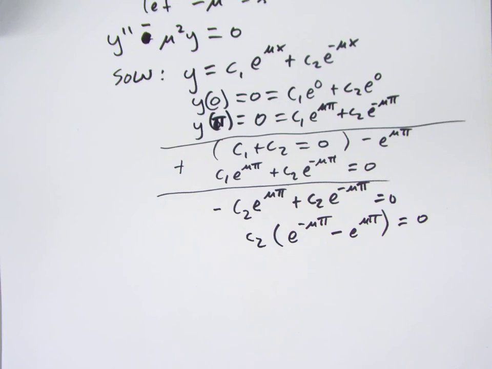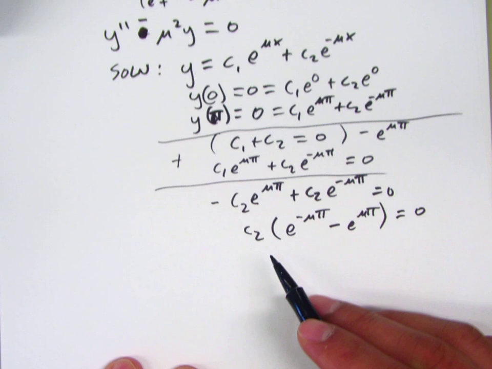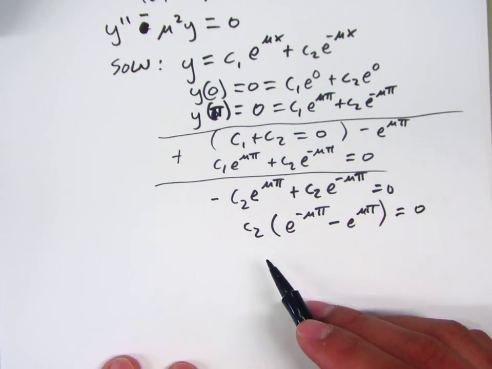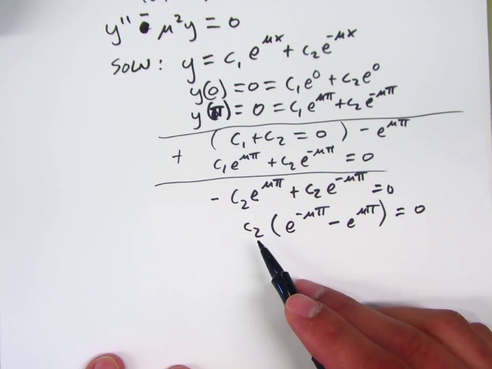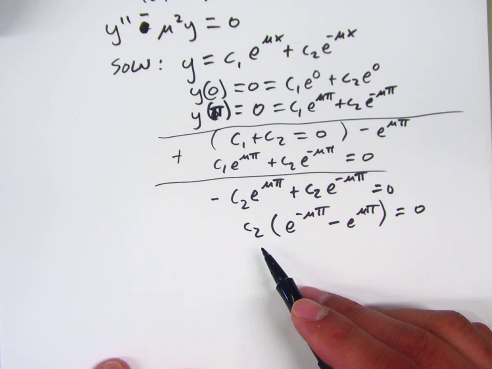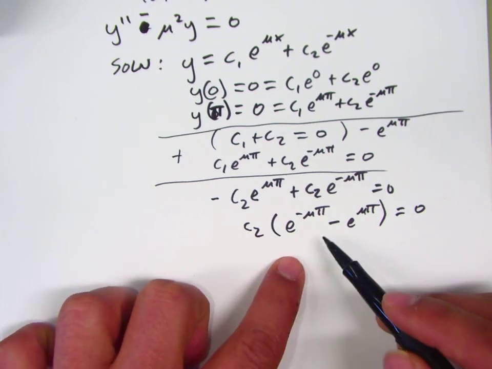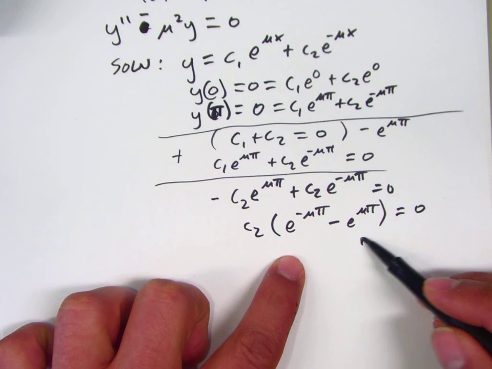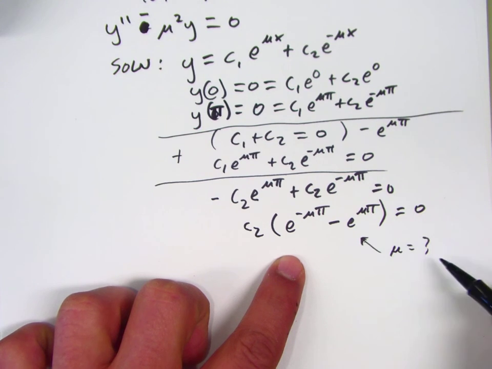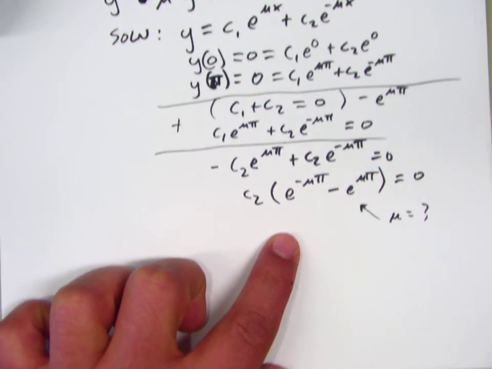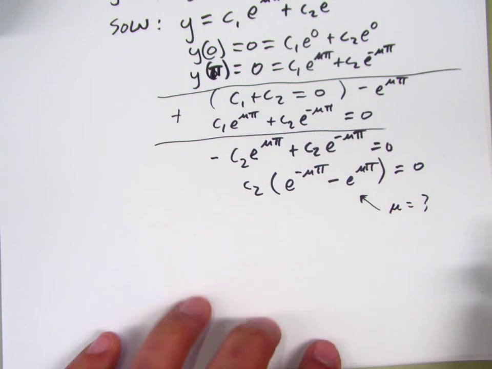Okay, so now we got to explore what this means. If we want non-trivial solutions, we don't want C1 and C2 to be 0. So let's work with that assumption. That means we're going to try to figure out what mu is by setting that equal to 0.